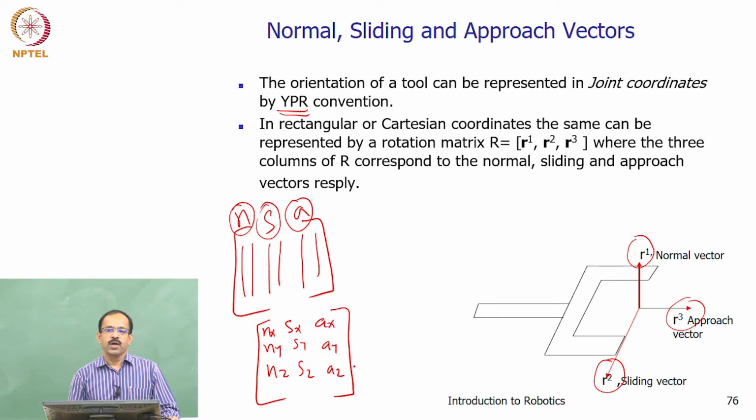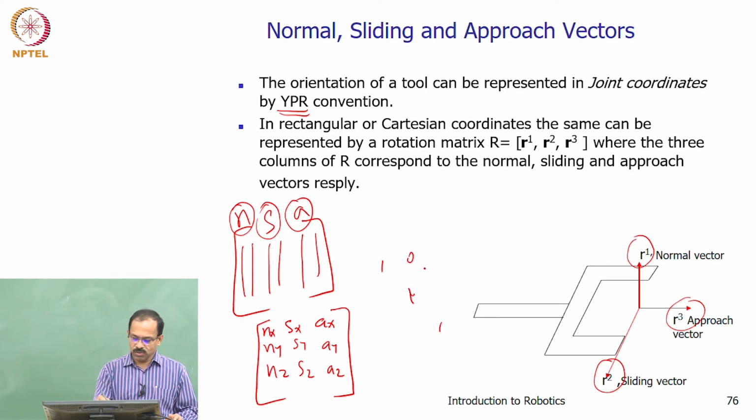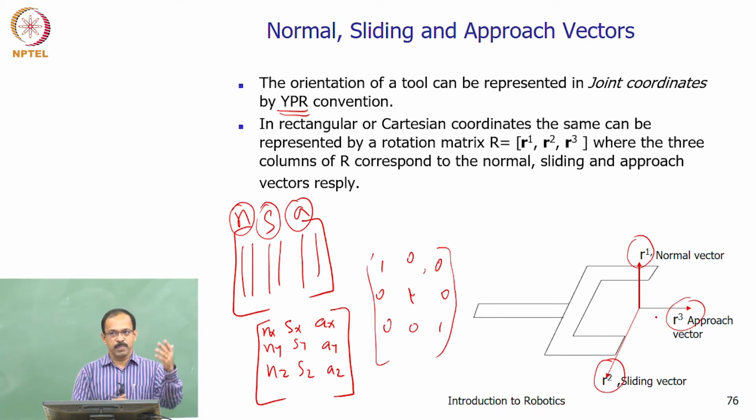So this is the orientation that we can specify in Cartesian coordinates, and if they are aligned with the base frame, then you will get 1, 1, 1 on the diagonal and 0 for all the other elements. So if the tool frame and the base frame are aligned, you will get 1, 1, 1.